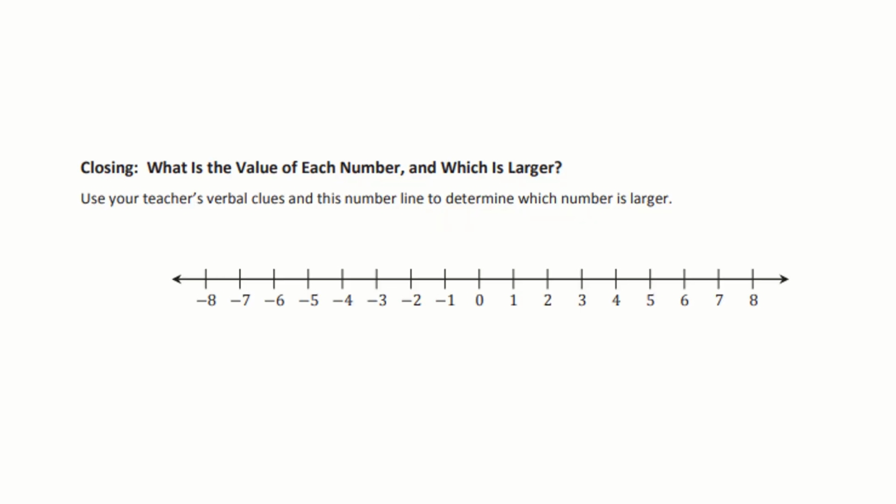And the closing on this says, what is the value of each number and which is larger? Use your teacher's verbal clues and this number line to help determine which number is larger. So the numbers I'm going to use are 3, -5, -8, and 6.